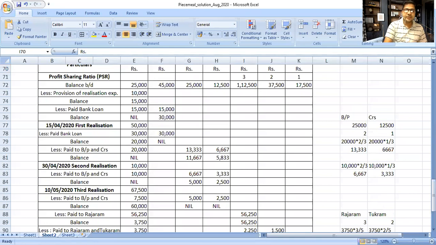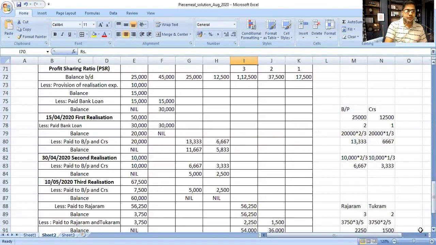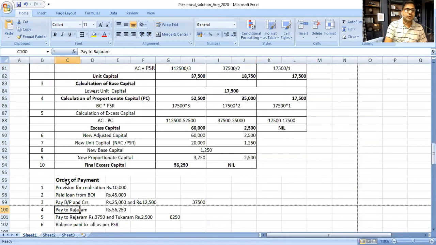After deducting this 56,250 balance amount in our cash column, 3750 and Rajaram's column balance available still remain, that is 56,250. Now we will move further in the order of payment.